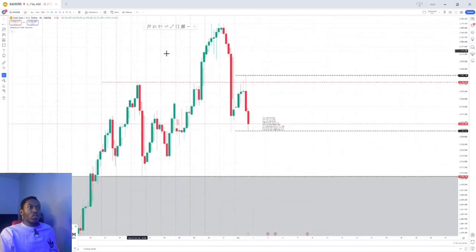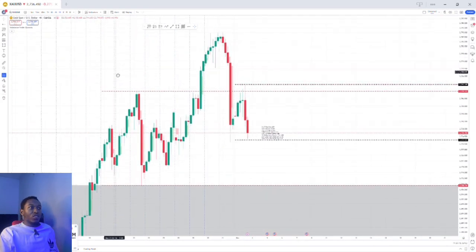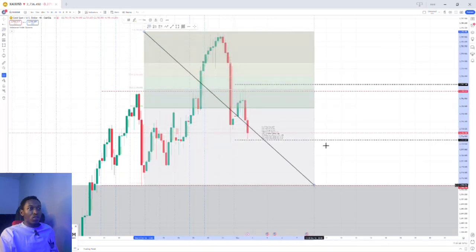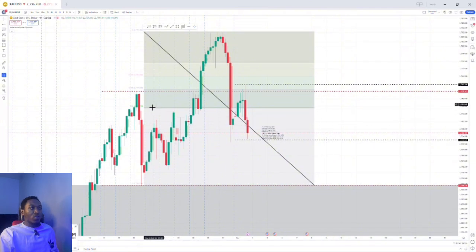Okay, so using our Fibonacci retracement tool, you can also get that confirmation, marking out the swing high and the swing low. Remember, that was the swing low. Look at the 0.5 Fibonacci area.